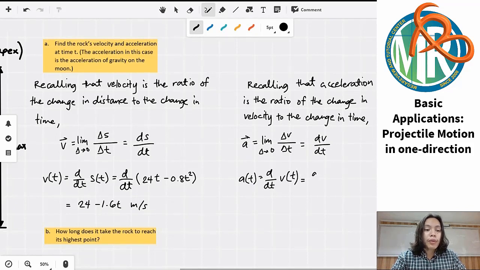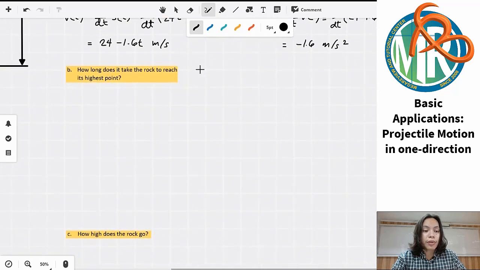So d/dt of 24 minus 1.6t yields an acceleration of negative 1.6 meters per second squared. That means the acceleration is constant while the velocity is changing with respect to time. Let's move on to B.